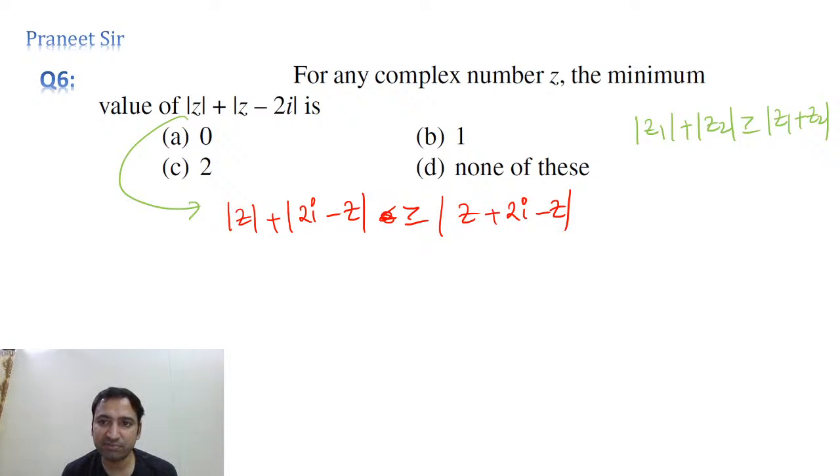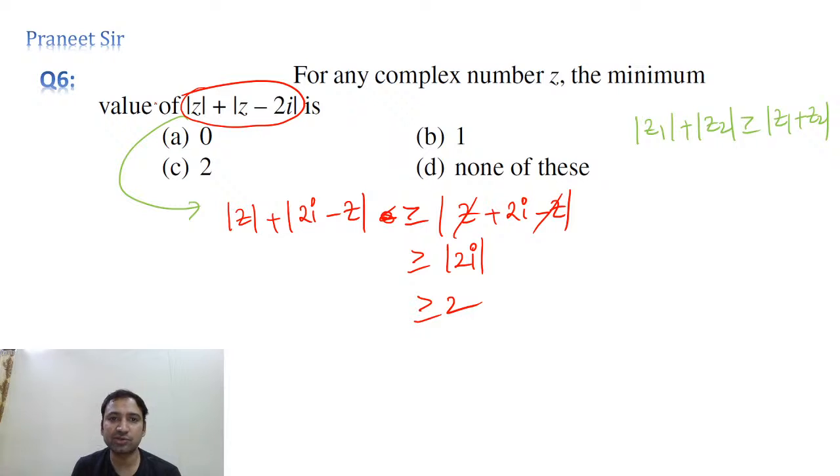In place of z1 we have z, in place of z2 we have 2i minus z. So z gets cancelled, leaving mod 2i, which is 2. So this value is always greater than or equal to 2, which means the minimum value is 2. This is one method.